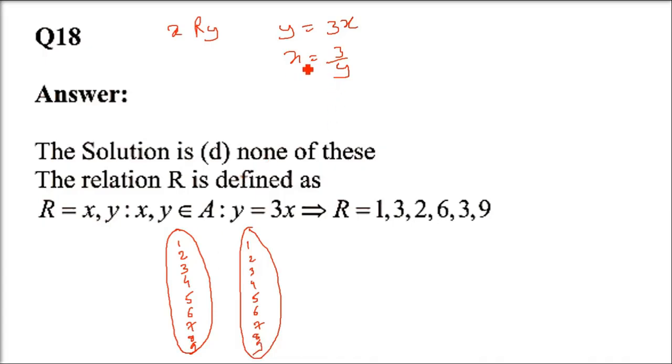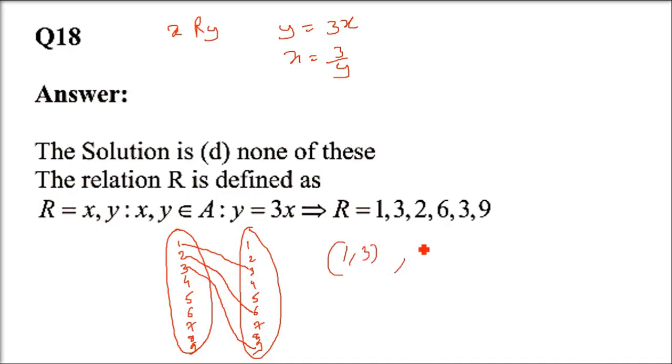Okay, now related. What do you see here? Just see which y is thrice of x. So 1 into 3 is 3, relate these two. 3 into 2 is 6, relate 2 and 6. 3 into 3 is 9. 4 into 3 is 12, no, it goes outside the boundary.